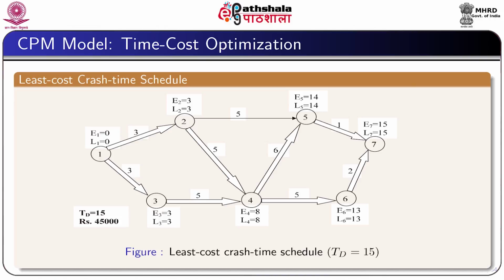Here we see that instead of a single critical path, we are getting multiple critical paths, but the length of the critical path remains the same, which is 15 weeks, and for this crash time schedule we have the cost 45,000. We were discussing the compromise solution between the normal schedule and the crash schedule.